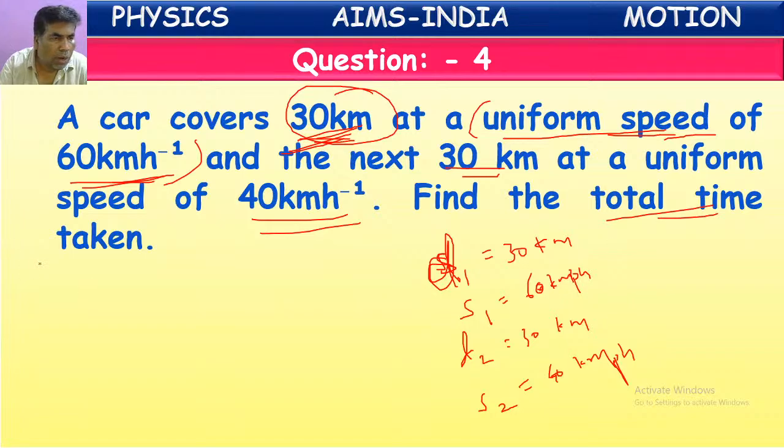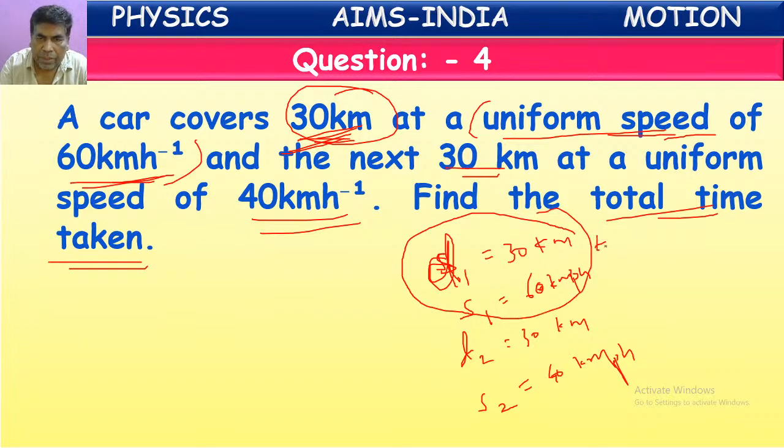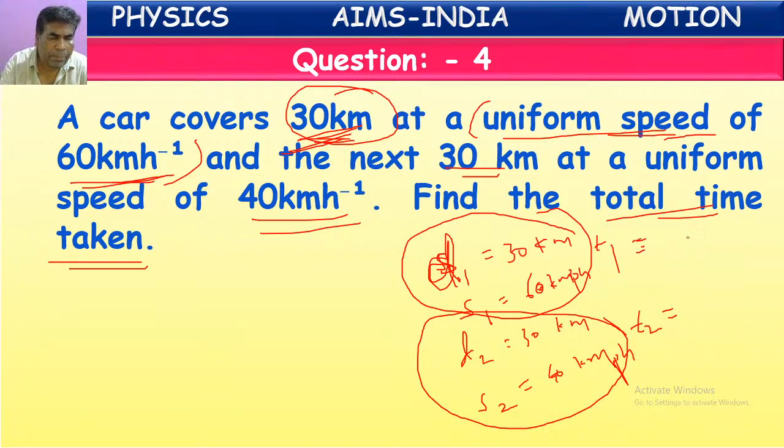Total time. What is the total time taken? What we have to do? We have to find first time T1 and second time T2. Then we will get the total time. What is the formula for speed? Speed equals distance by time.